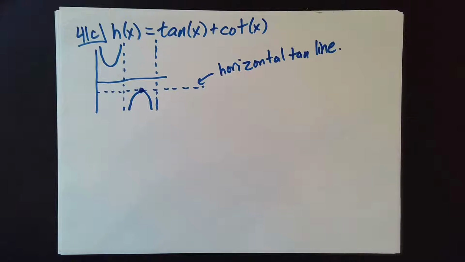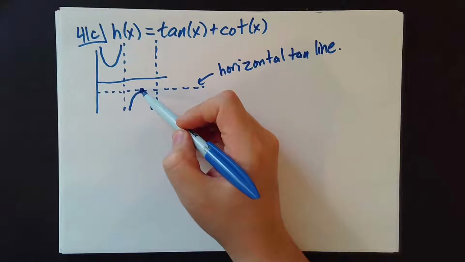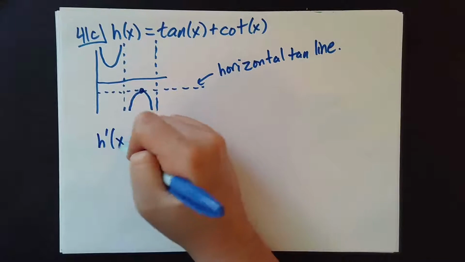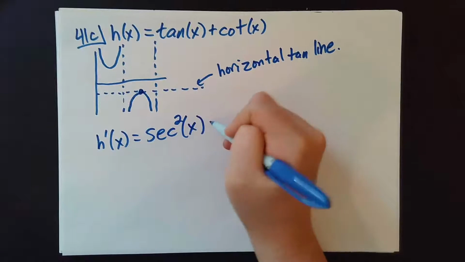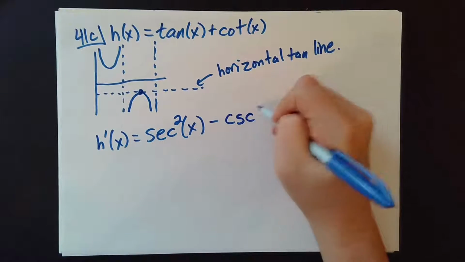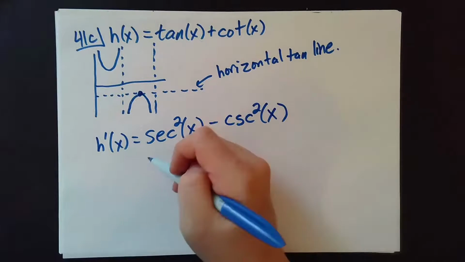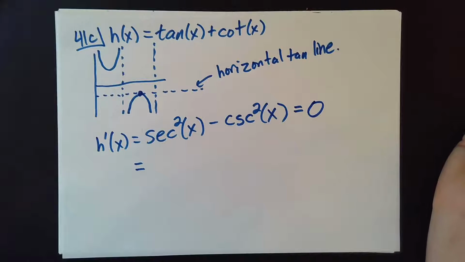I'm working backwards from the fact that I know I'm looking for a spot where the derivative is 0. So I'm going to write down the derivative of h of x, which is secant squared of x minus cosecant squared of x. And I'm going to solve for when this is 0.